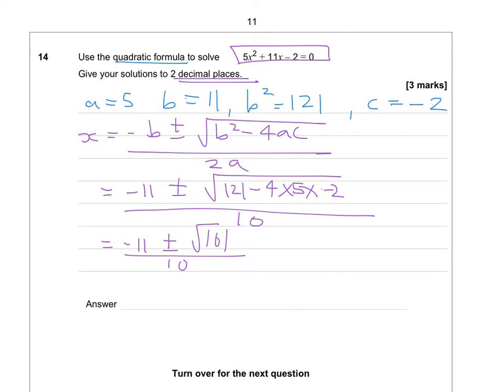We can then work out the two versions of the answers, the one involving -11 plus root 161 and the one involving -11 subtract the root of 161.